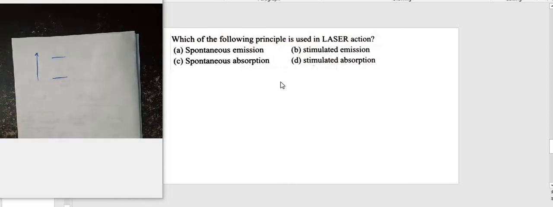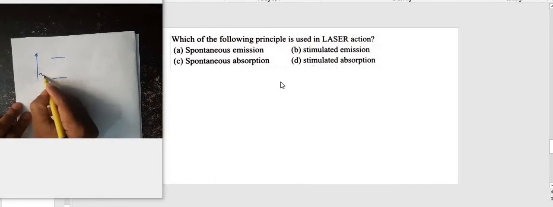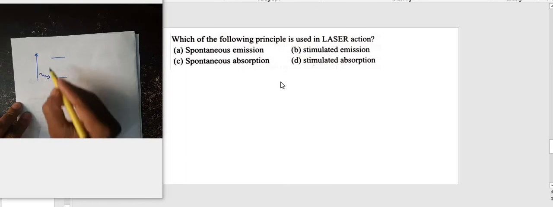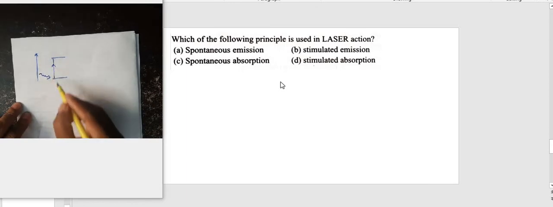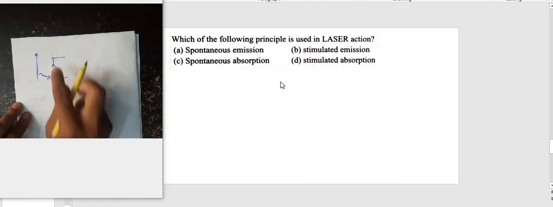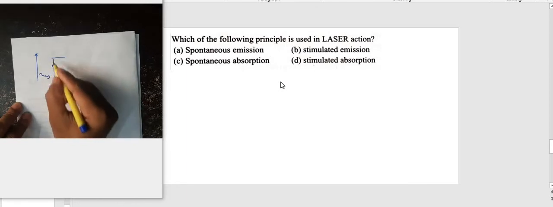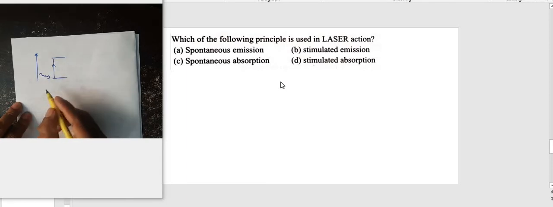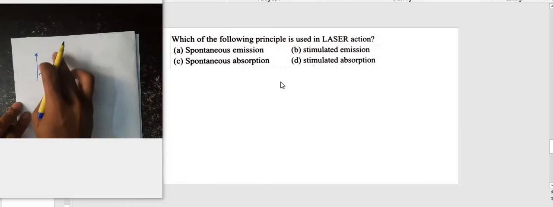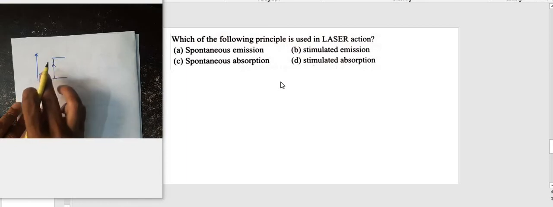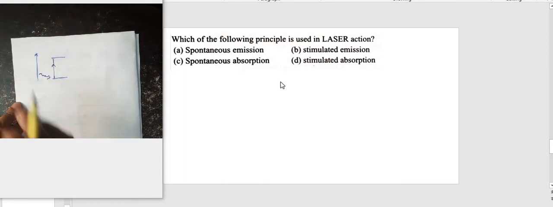Now when you pass electromagnetic radiation, the molecule absorbs the radiation, therefore transition occurs from the ground state to the excited state. This is called stimulated absorption, because the molecule undergoes transition in the presence of radiation.